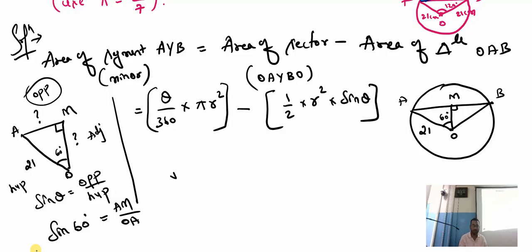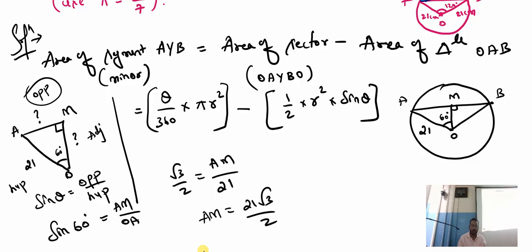Root 3 by 2 is equal to AM by OA, 21. OA is 21. Then what is AM? AM is equal to 21 root 3 by 2. We got the value of AM. What is AM? Base, adjacent side. So the value of AM is 21 root 3 by 2.